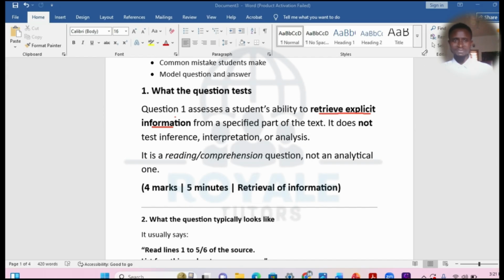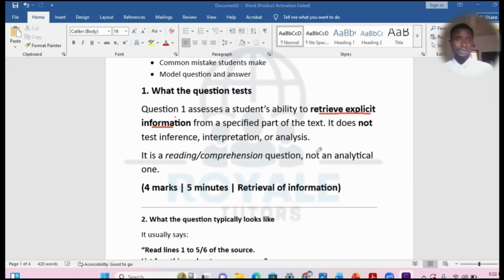Do you want to try? What does it mean? Explicit information is information that is directly stated in the text. It does not require any special interpretation or inferences or even analysis. You just need to look at the text the way it is, lift the expression, and write it down. You might decide to paraphrase. In other words, you write it in your own words, and that will be fine.